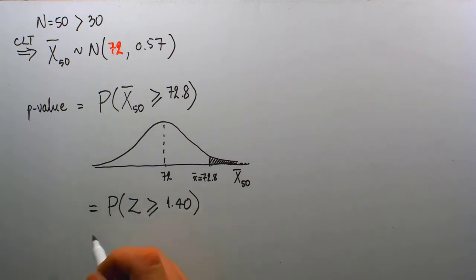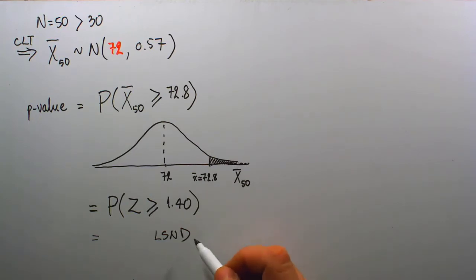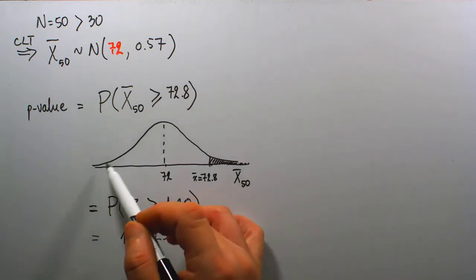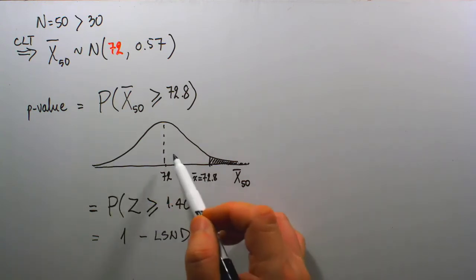And this is why in the later steps, this calculation can simply be done by running our LSND program. And when the program asks for a z-score, we enter 1.4, but make sure we subtract the answer of the LSND program from 1, because LSND, as a reminder, only gives the area shaded to the left of a z-score on the standard normal distribution.